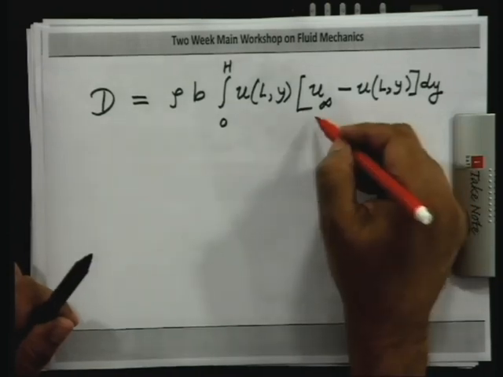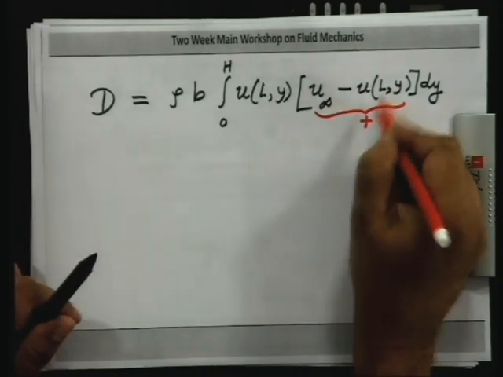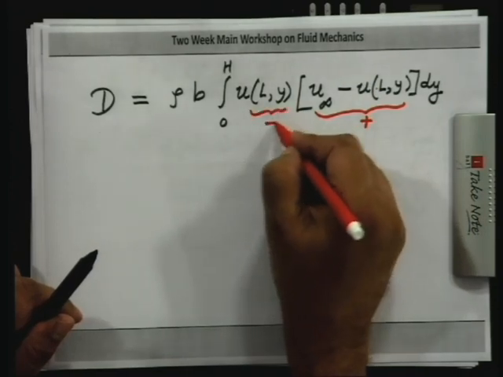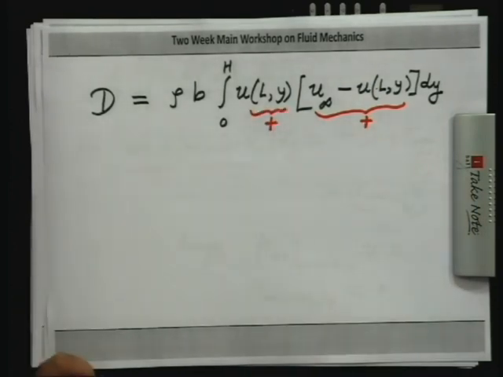And I would like to remind you that this quantity is plus, because u is less than or equal to u infinity, and this quantity is also plus. So, therefore, our intuition is correct that the net force exerted by the plate on the fluid inside the control volume is in the negative x direction, which means that the force exerted by the fluid on the plate is in the positive x direction.